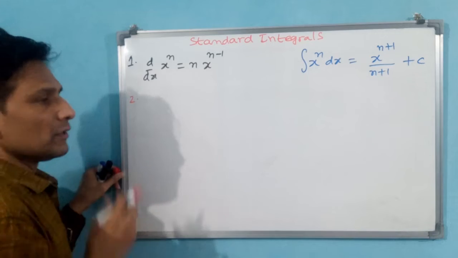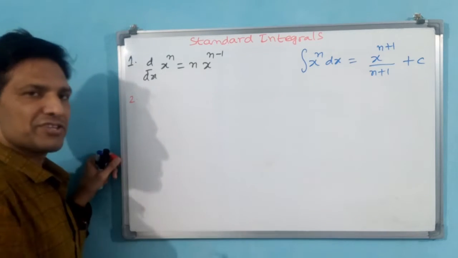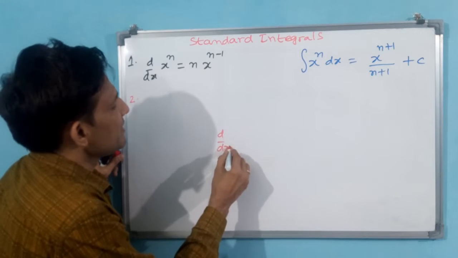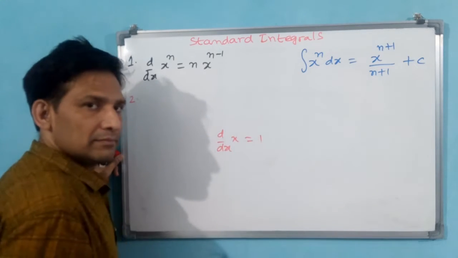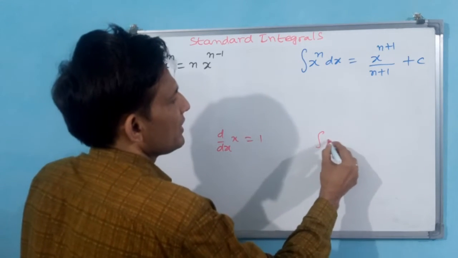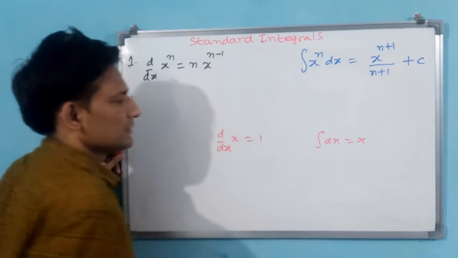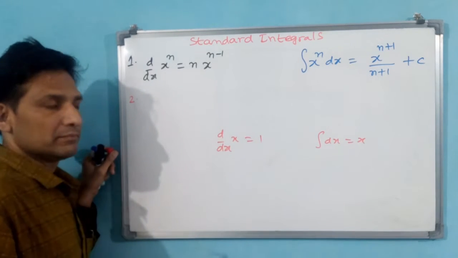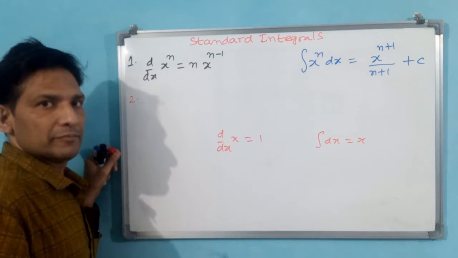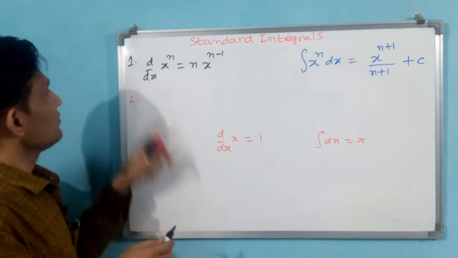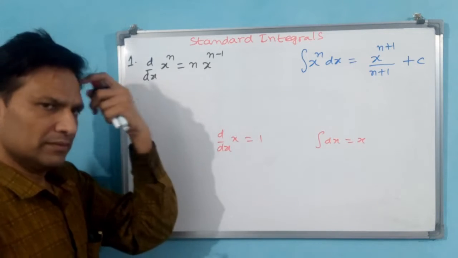Number 2. I am not writing it in standard, but we will analyze: d by dx of x is equal to 1. Integral dx is equal to x. Why? Because here 1 into dx is there. Another important one, these we don't take in standards.